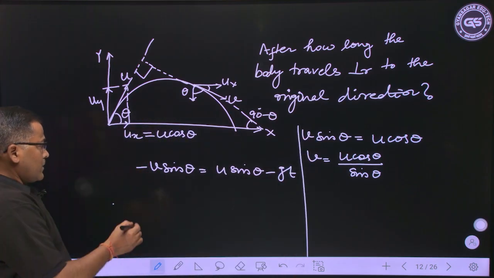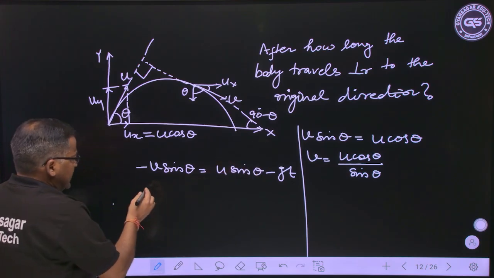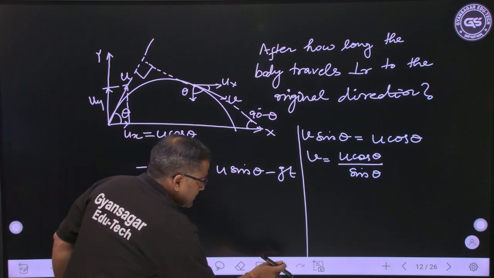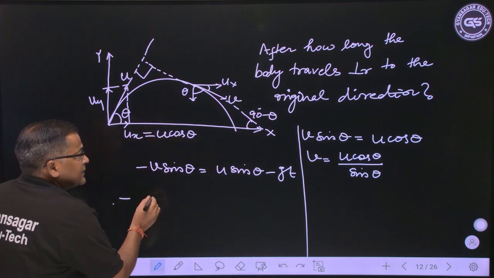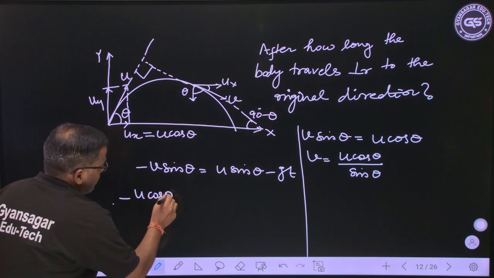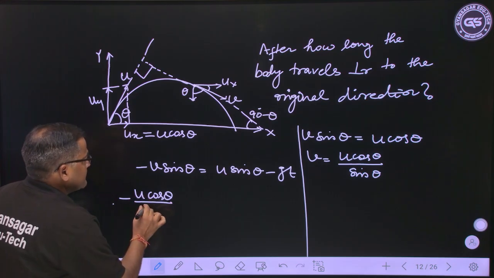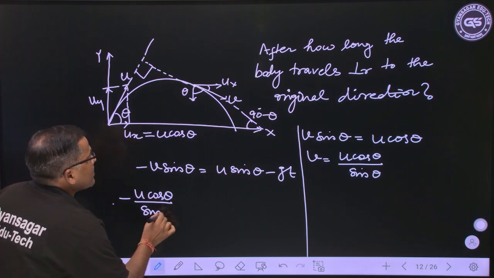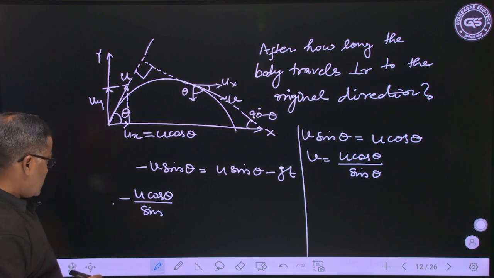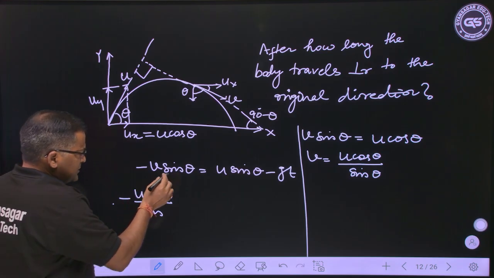So in place of this we can put minus u cos theta by sin theta.